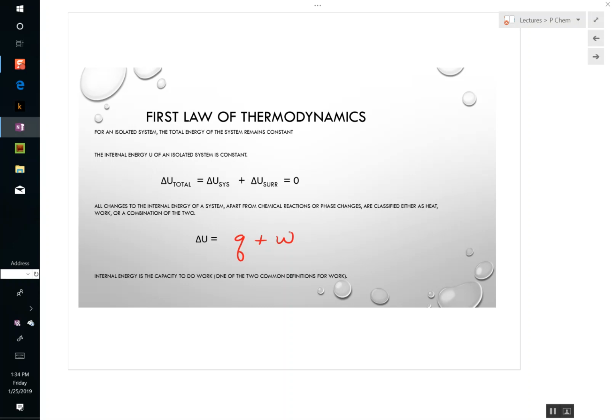Q is your heat and W the work. If there's a change in the internal energy, it's going to be the sum of those two things. We'll eventually do an example here with the burning of gasoline, but you could imagine burning gasoline a couple ways.